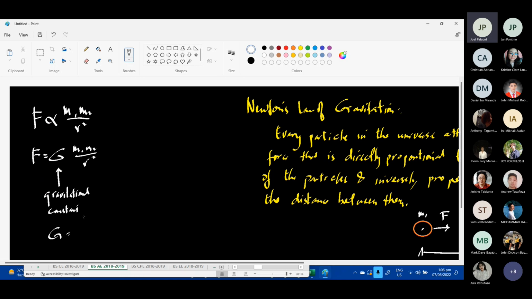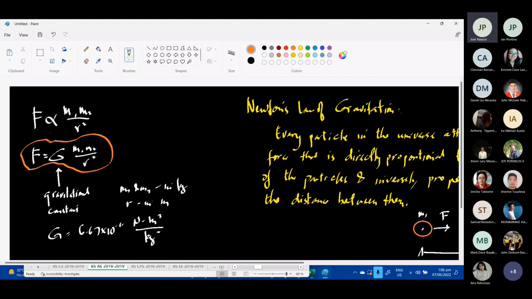Now, the value of G in MKS is 6.67 times 10 to the negative 11 newton meter squared over kilogram squared. So our masses should be expressed in kilograms, no? M1 and M2 in kilograms and R in meters. So that is our formula in finding the force between two particles of masses M1 and M2 separated by a distance r. Okay.